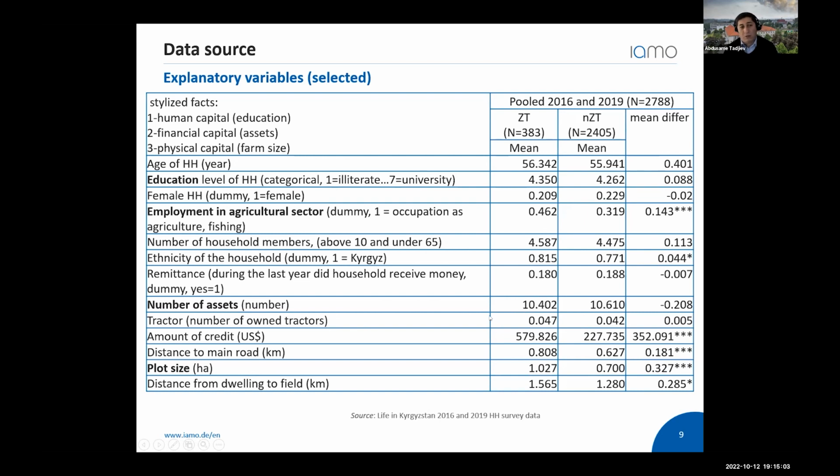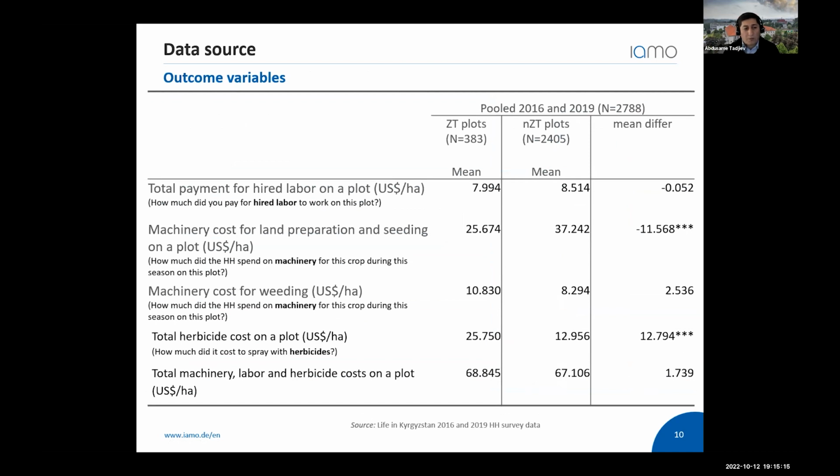This is the descriptive statistics of some explanatory variables. In addition, we also have 4 main outcome variables. In the survey, farmers were asked about the costs related to labor, land preparation and seeding, and herbicide cost.